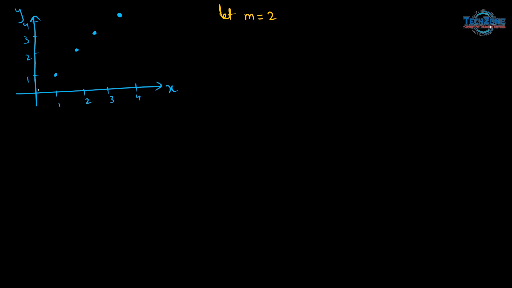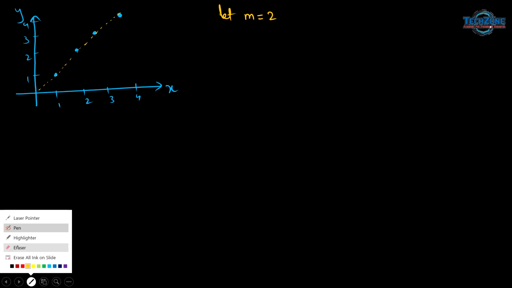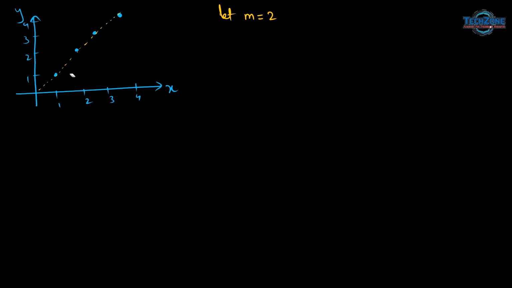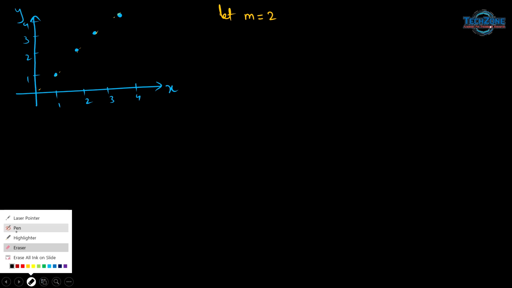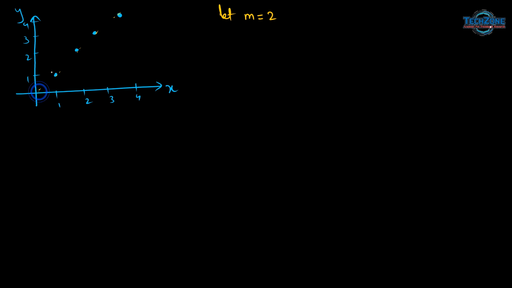So see, initially m value was equal to 1 and the line was passing through all the points, right? But now the value of m has increased, that means the slope has increased, right? So let me just rub this. The slope has increased. So our new line will be something like this.